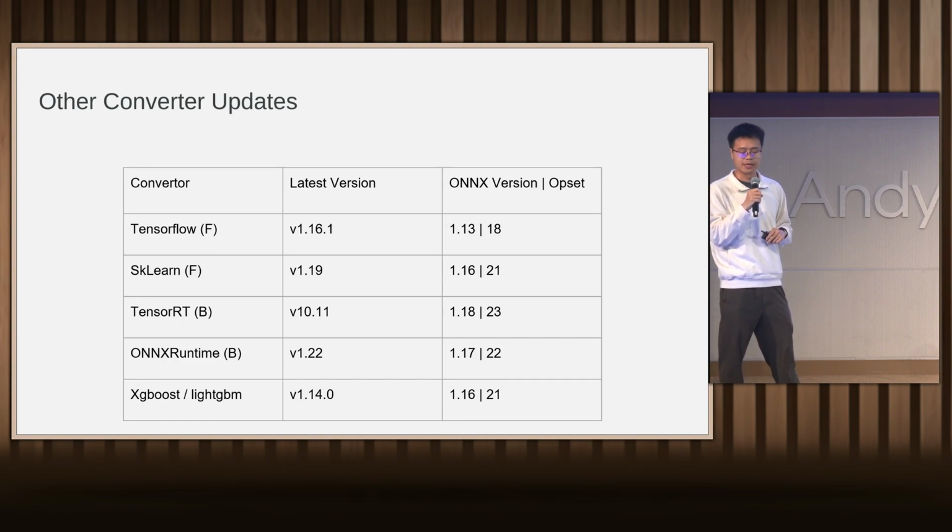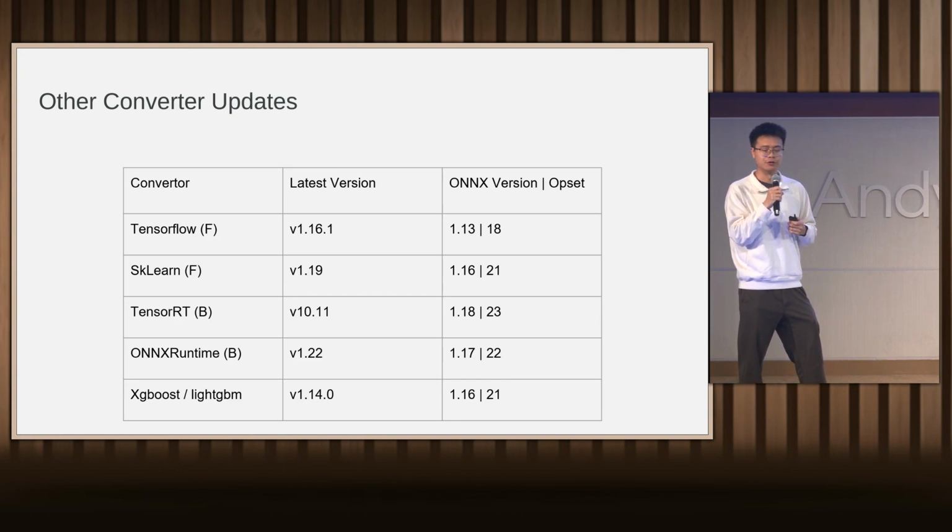They respectively have a new version that's released and some support for newer ONNX opset versions. They're relatively stable right now, and not much development has gone into supporting these converters. But if you find one of those converters is useful to you, we welcome your contribution to these converters.